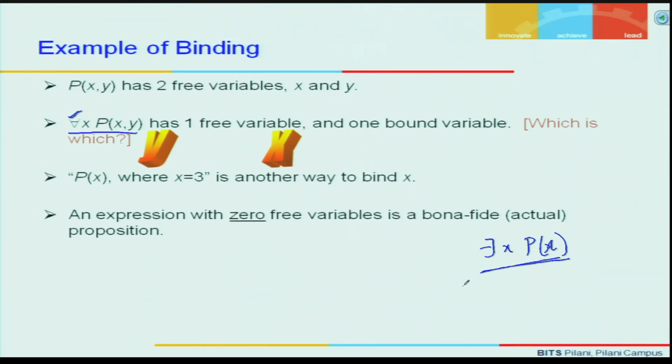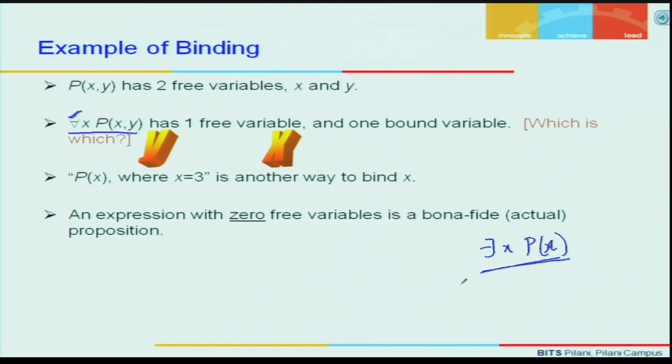This becomes a proposition. You have got basically a predicate and you apply quantifiers to it, and it doesn't have any free variable, then that particular statement will become a proposition, and hence it will have a true or false as its truth value.